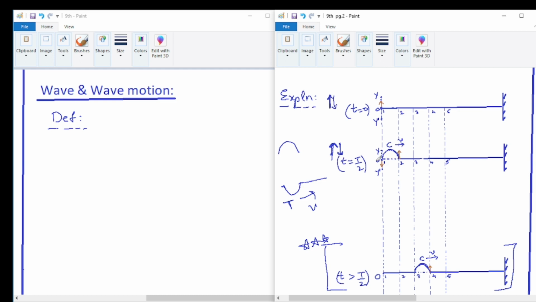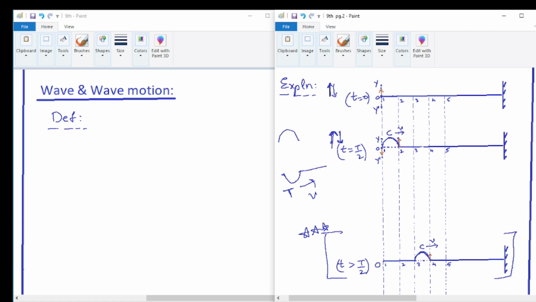That means at time t equal to T by 2, half the time period, particle 2, though it's at its position of rest, a little later as the wave comes here has to go to the topmost position. It should be moving from the mean position upwards. That's why the direction is shown upwards, because at this instant it's just about to move upwards.